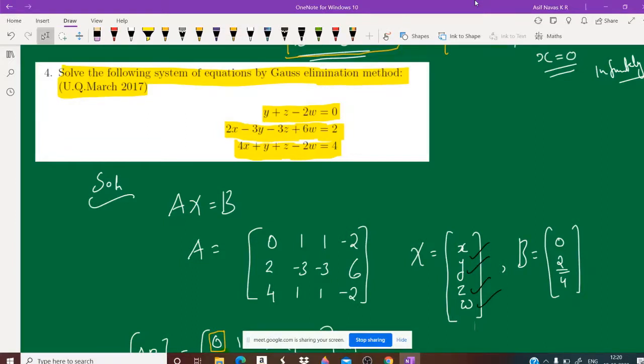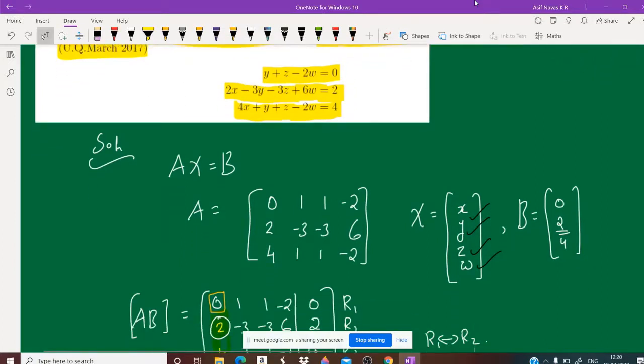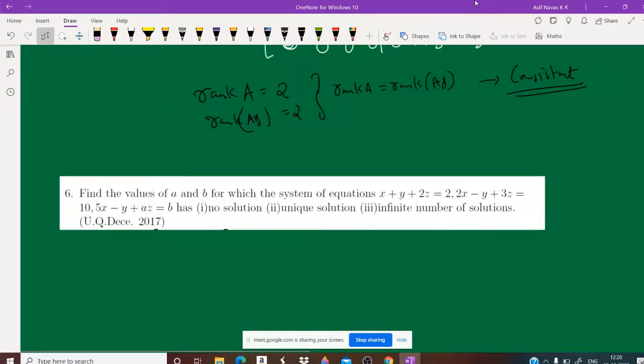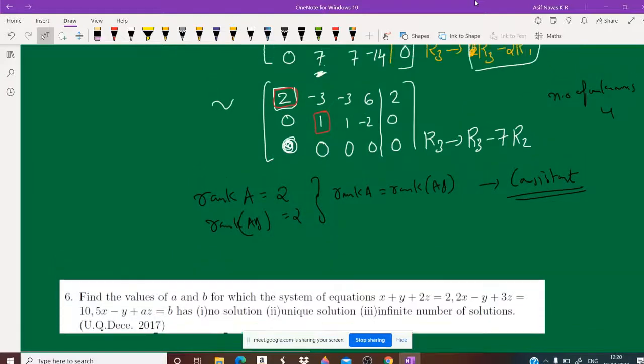So there are 4 unknowns. And the rank is 2, and this is less than 4, right?